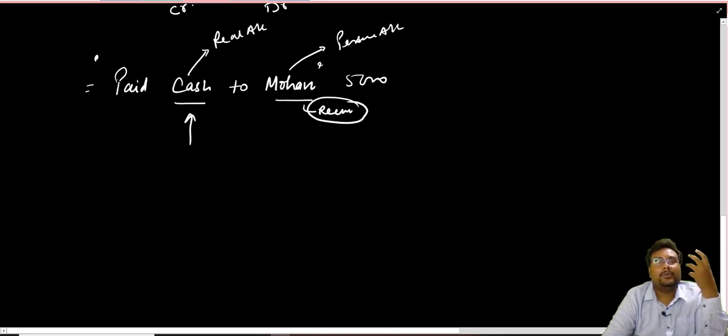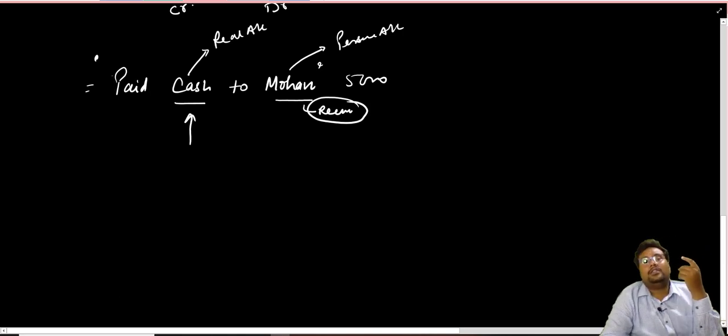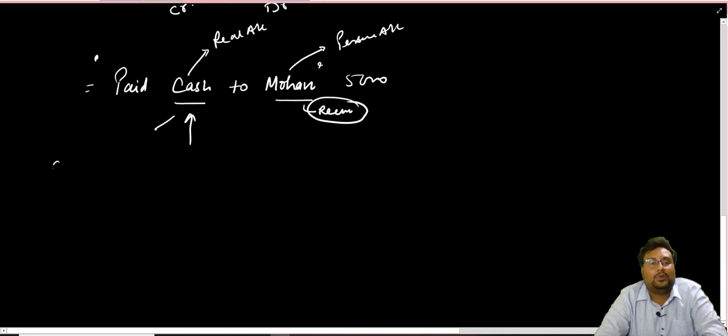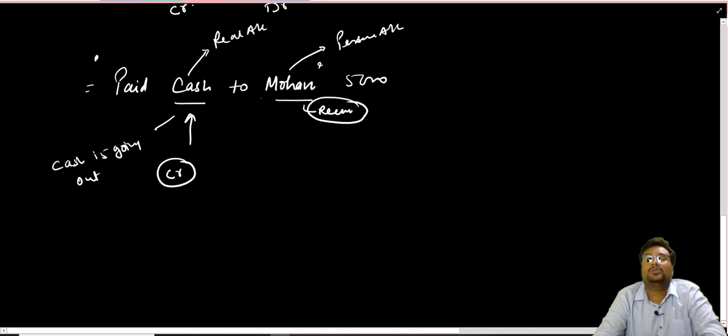Okay, so how to implement the rule? Just remember the real account rule. Debit what's coming, credit what goes out. So when we are paying to Mohan, cash is going out. So when cash is going out, then cash will be considered as a credit. Mohan is a personal account, beta.